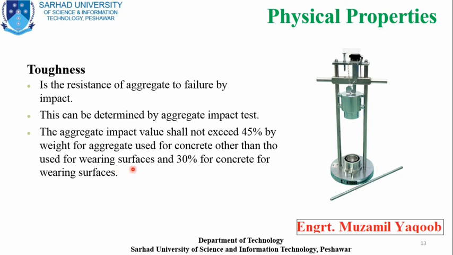And if you are using it for concrete, it should be around 30%. So this is also a very important physical property of aggregate, which is toughness, as I discussed. Now let's move to the next slide.